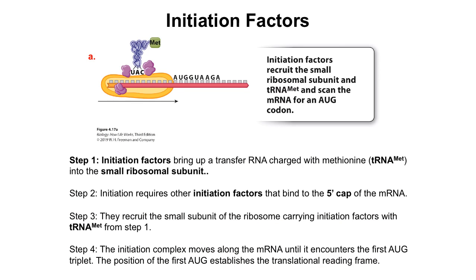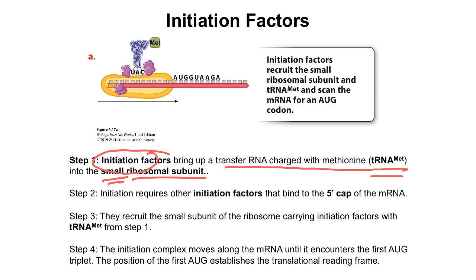So what are the roles of the initiation factors in this process? There are actually two ways by which initiation factors contribute, with very specific and important roles. The first step is that a certain group of initiation factors bring a transfer tRNA charged with methionine, as we know already, the tRNA methionine, which is the initiator tRNA, into the small ribosomal subunit, as indicated over here.